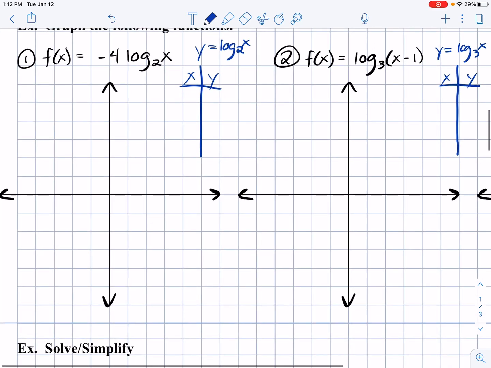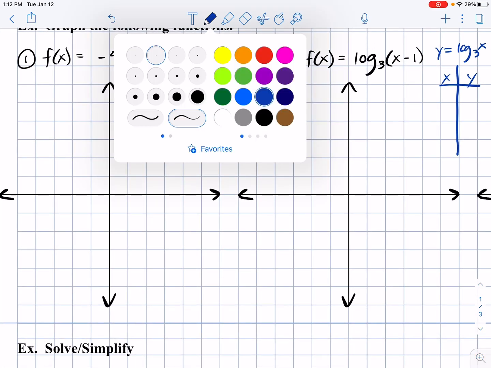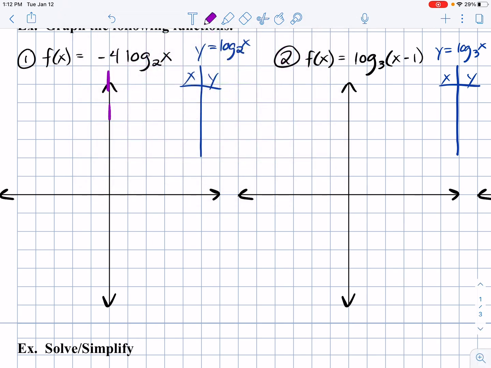We don't have any shifts left to right at all, so we know that our vertical asymptote is going to be the y-axis. And then again, you want to plug values in that are going to be powers of your base. So for 2, some good powers of 2 would be, well, definitely, we're always going to use 1, 2, 4, and then maybe we want to have 1/2 here. 1/2 would get us a negative value because, again, you're asking yourself 2 to what power gets us 1/2?